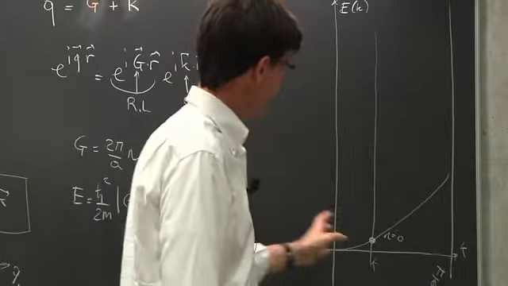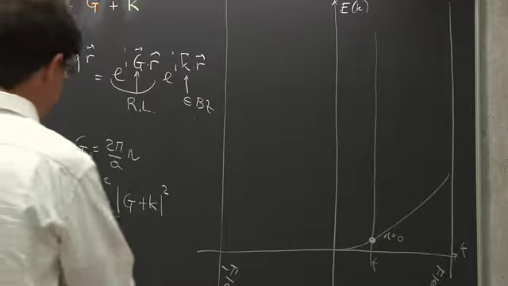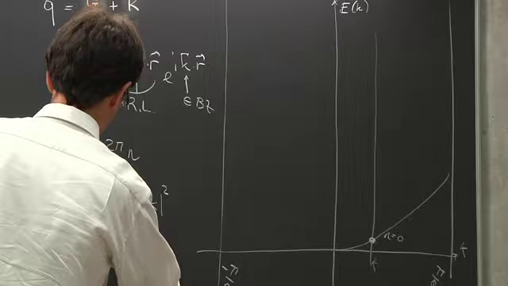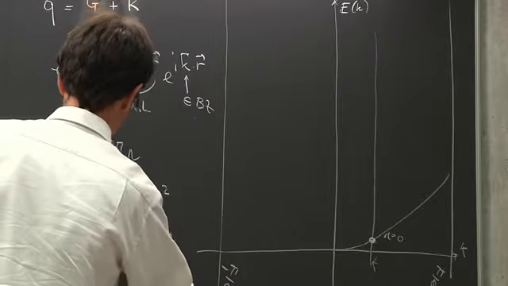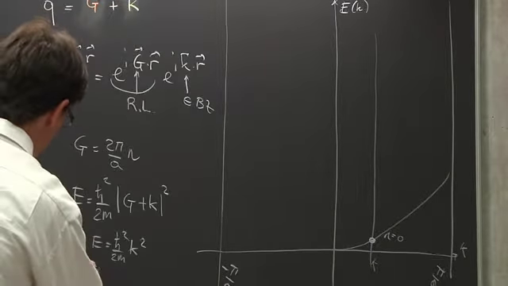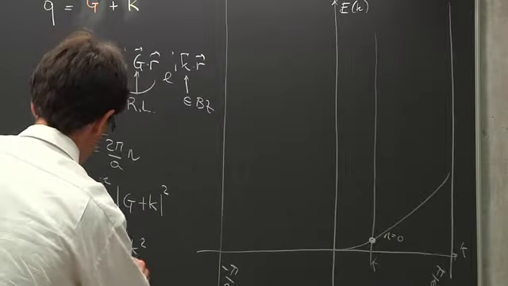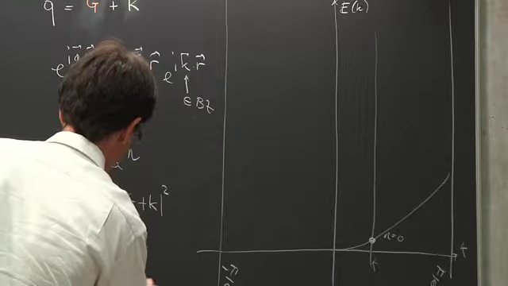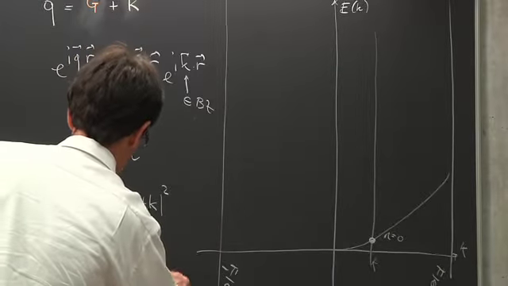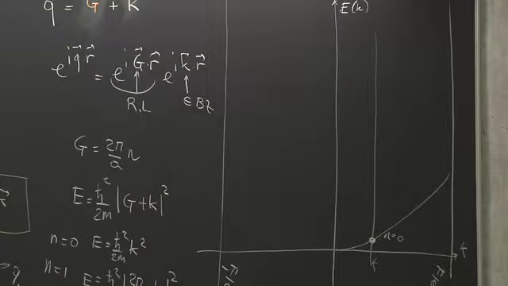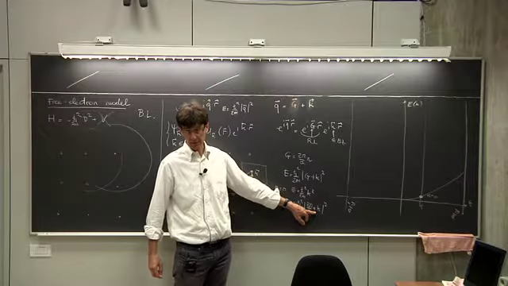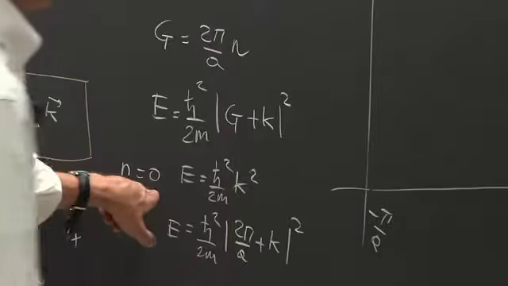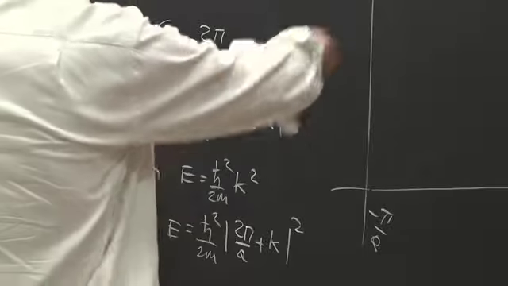If I have to draw it here, so n equals 0, energy is equal to h bar squared over 2m k squared. n equals to 1, the energy is equal to h bar squared over 2m (2 pi over a plus k) squared, right? So this is a parabola centered at minus 2 pi over a. So it's centered somewhere here. Parabola.